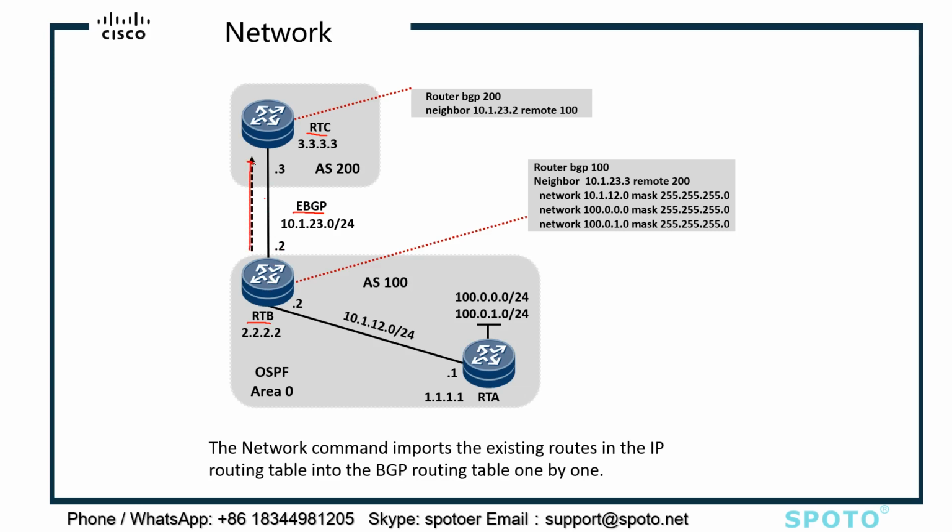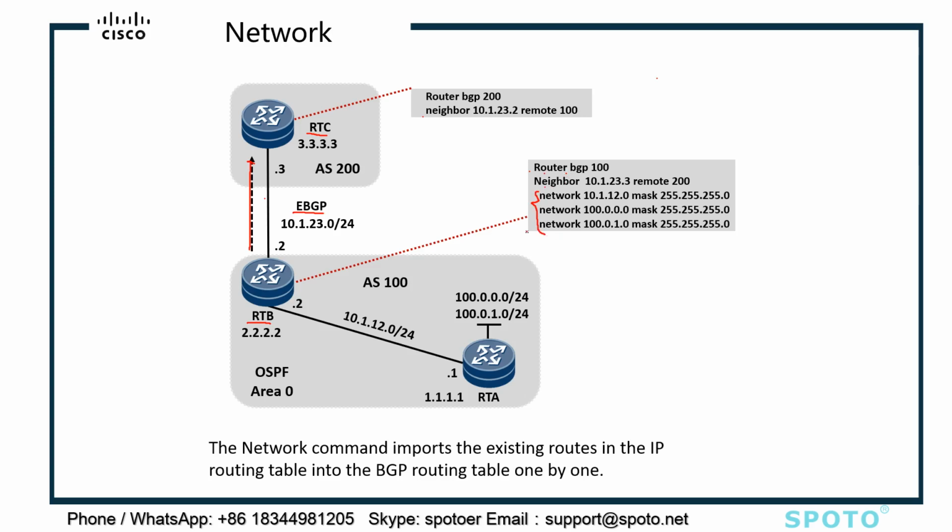The command is, in the configuration of RTC, we need to configure the neighbor RTB, and then we can see the configuration of RTB. First of all, enable the BGP protocol and enable the neighbor RTC. And the next part is that we need to advertise the route.